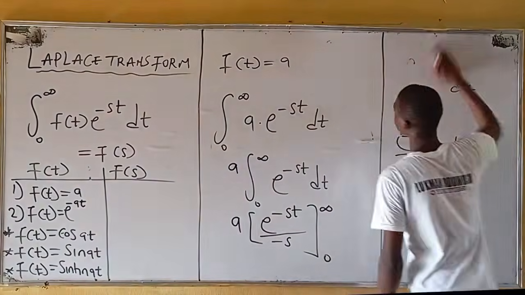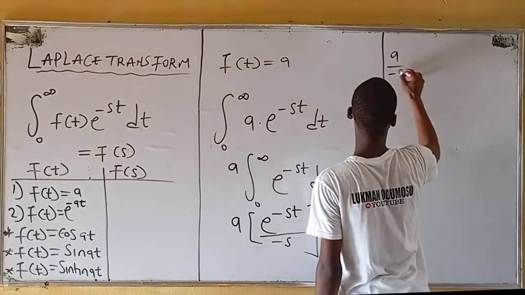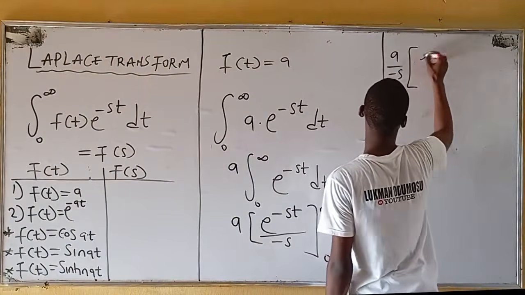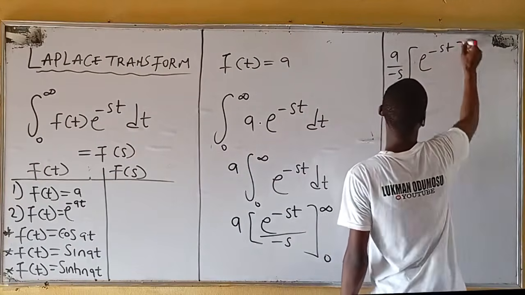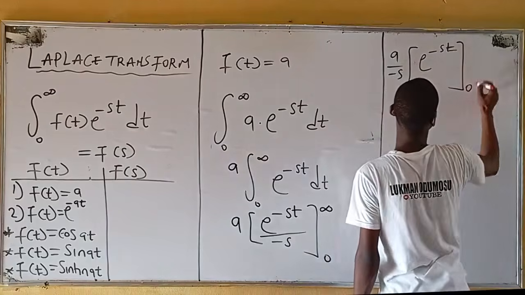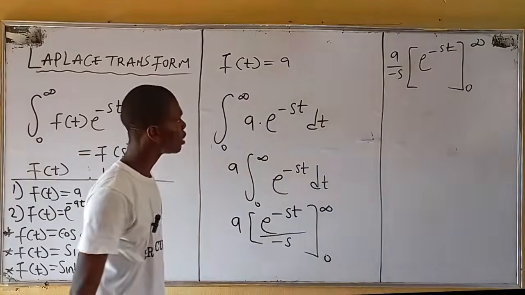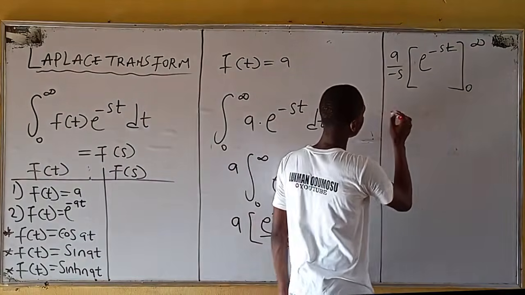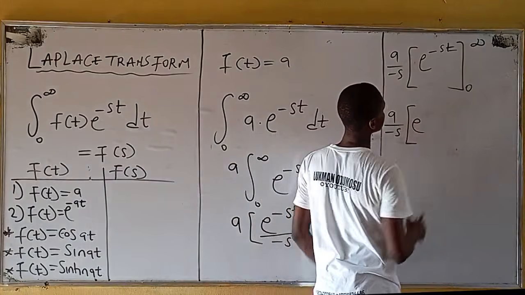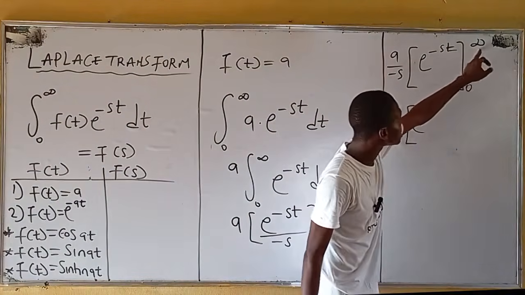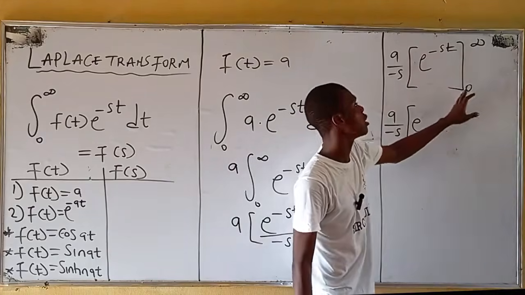So let's factor it out. I have a over negative x, all into bracket, exponential negative st from 0 to infinity. Now, anywhere you see infinity, your infinity comes first before 0.